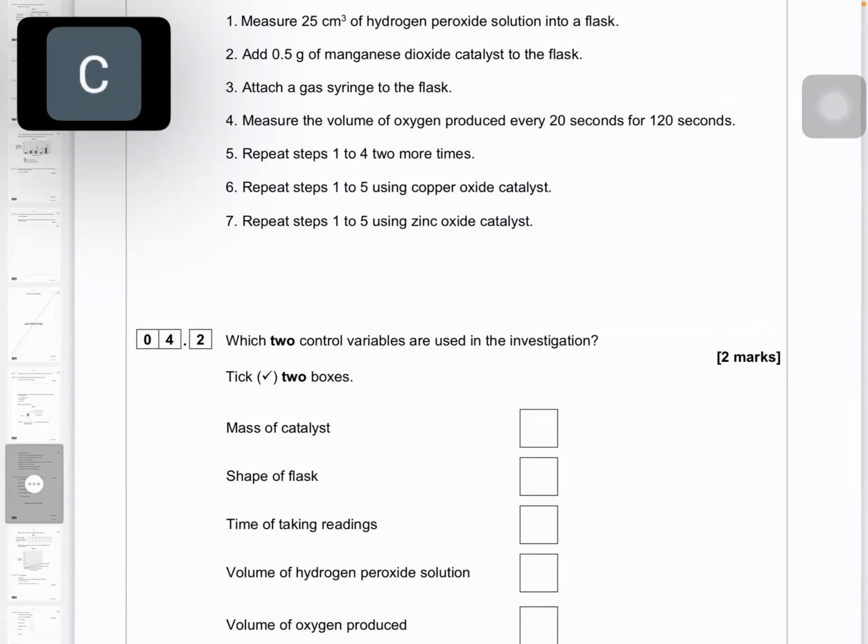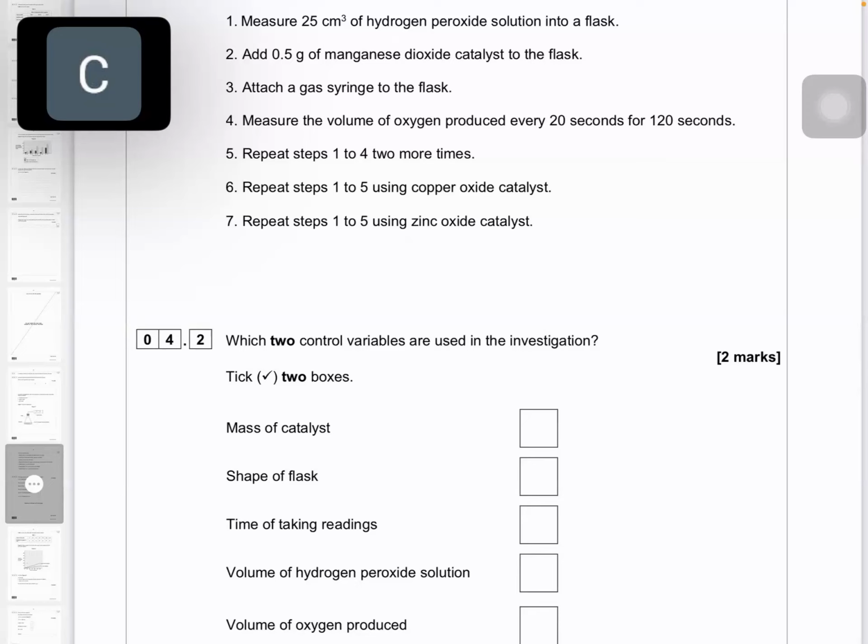Two control measures. Control measures are things that help us to vary the reaction so that we can come to conclusions using different aspects of that thing.